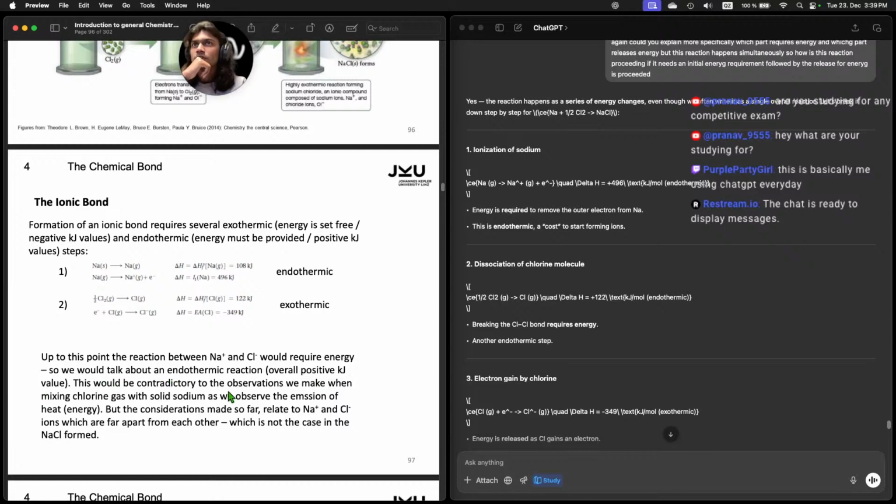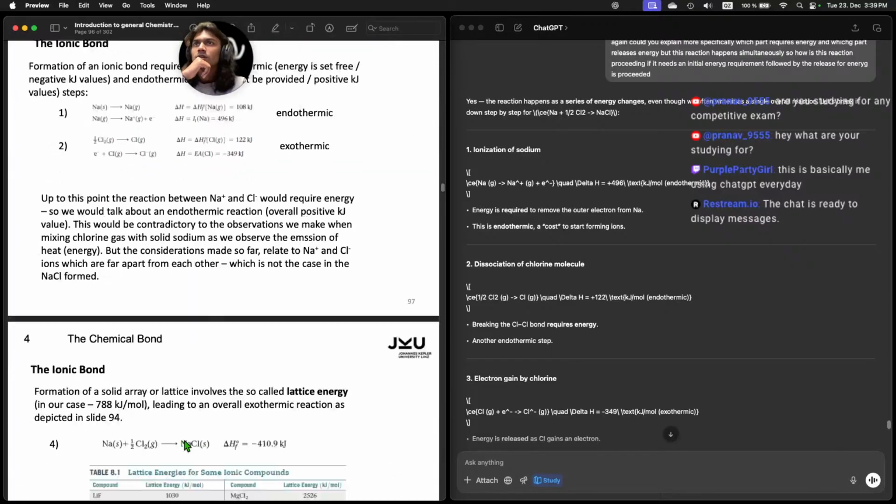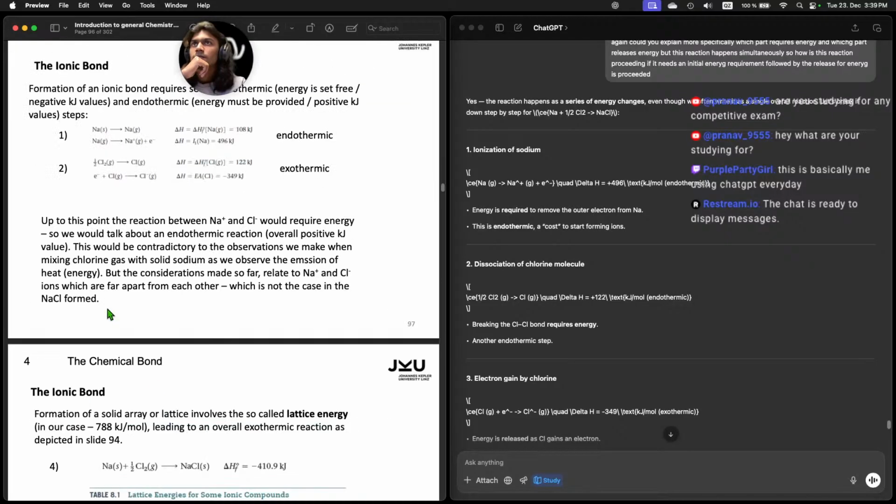This would be contradictory to the observation we make when mixing chlorine gas with sodium, as we observe emission of heat. But the considerations made so far relate to Na plus and Cl minus ions, which are far apart from each other, which is not the case in the NaCl formed.